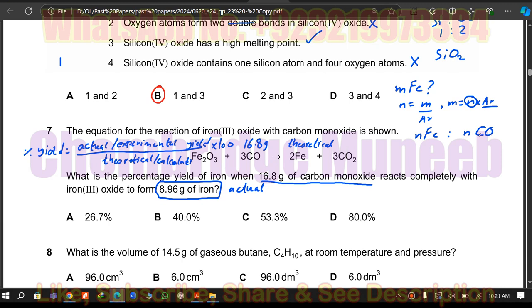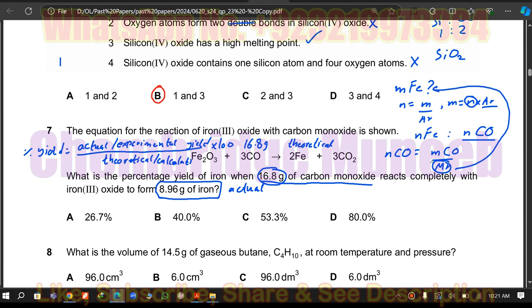So now we need to find the number of moles of carbon monoxide, using the formula just like the previous one, where mass of carbon monoxide divided by its Mr value is used. The carbon monoxide mass is already given as 16.8, and Mr can easily be calculated. So that's how we can move backward to find the mass of the iron.